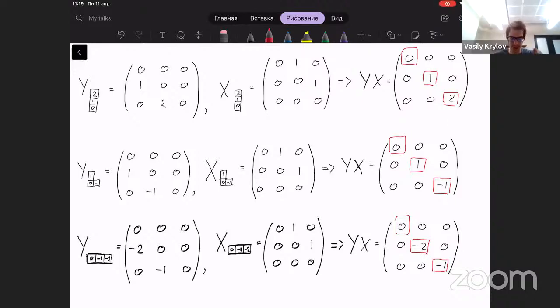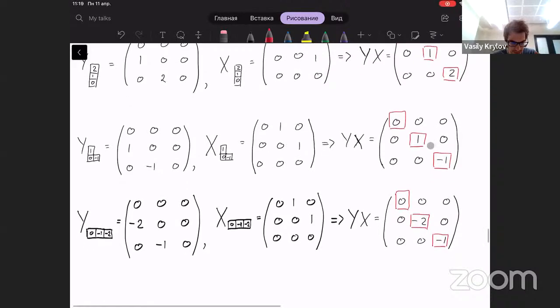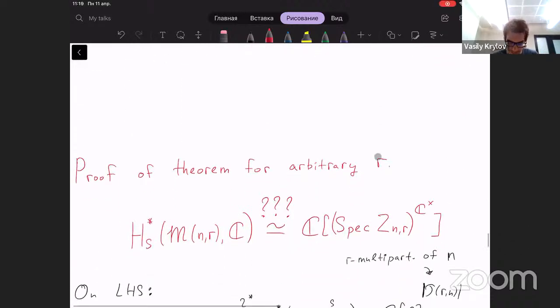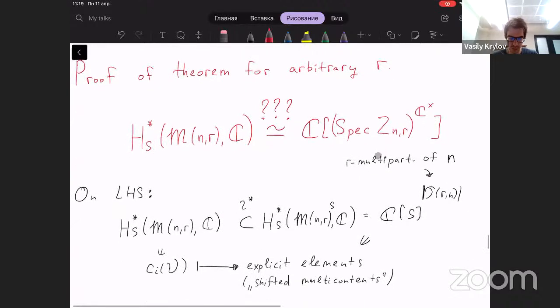Okay, great. So I have 10 minutes, yes? Okay, so let me briefly say what to do for arbitrary R. Actually, the proof is very similar. And then I will say something about certain general conjectures.